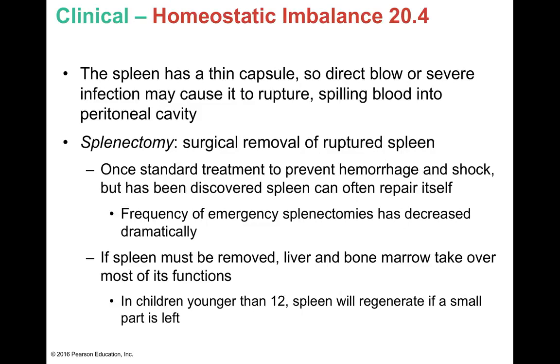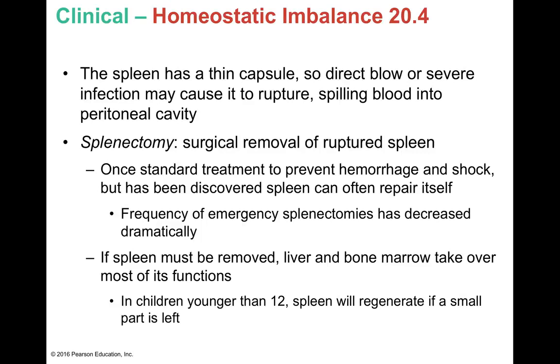One thing interesting about the spleen is that if a spleen is removed in children or young adults, it has the ability, if you leave a piece of the spleen inside and take the majority of it out, to regenerate itself. That being said, if a spleen is damaged or ruptured, it will be removed through a process called a splenectomy, which is simply the removal of a spleen.